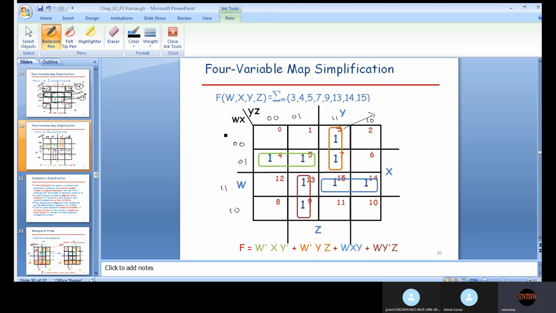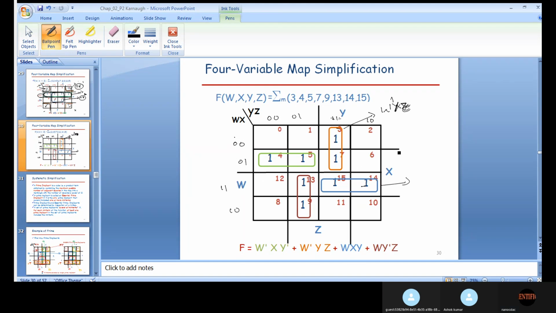Which is common among this? What is common in these two? W bar, and here it is, what is this? W bar x. Okay, W bar yz, sorry, W bar yz. Okay, and here how about this one?